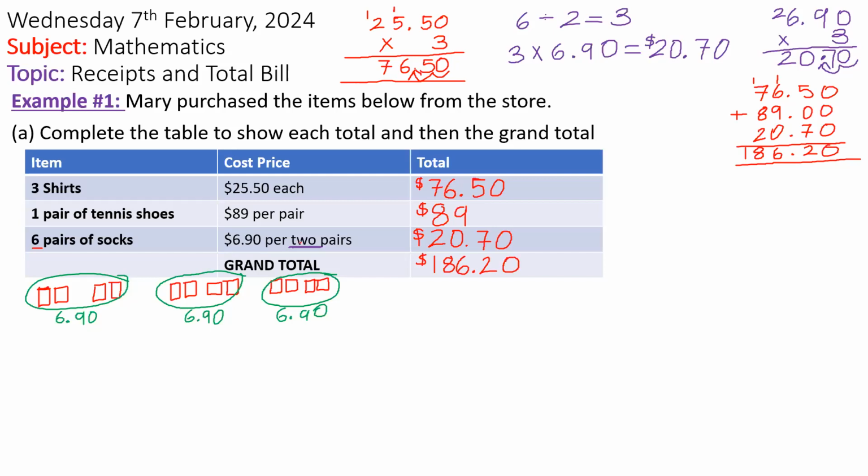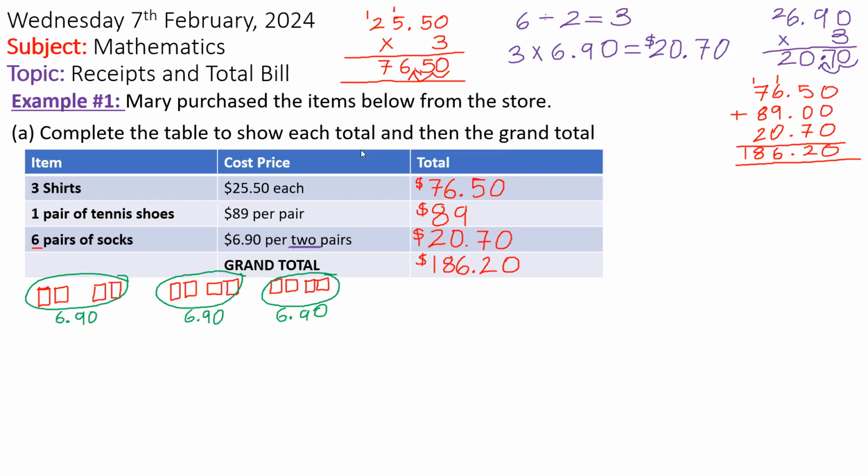Okay, good. Amarani, can you explain how we got it? Start from the top, start from the 3 shirts, the 1 pair of tennis shoes, and the 6 pairs of socks. To find the total cost of 3 shirts, you multiply $25.50 by 3, which gives you $76.50.